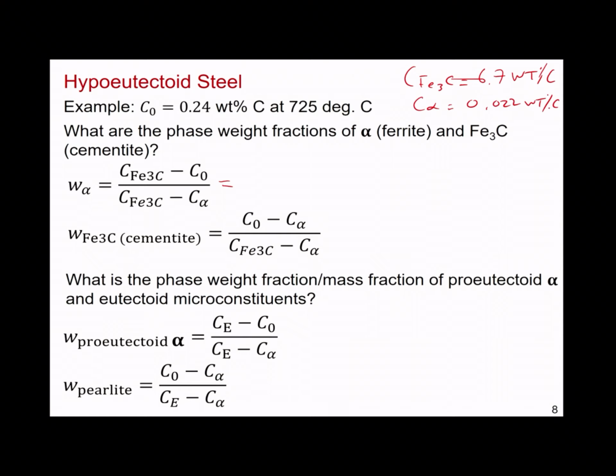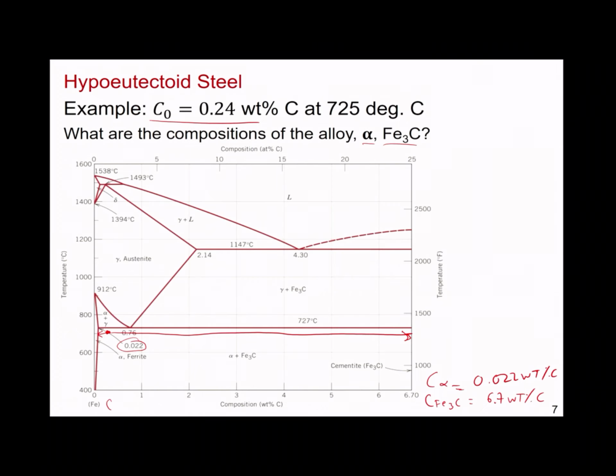So I'm rewriting that so that we have the numbers. So the phase fraction of alpha we anticipate is going to be something ridiculously high, right? Close to 1 or close to 100%. And we can just see that graphically. If you're here, you're really close to the alpha phase, right? So you anticipate you're going to have mostly alpha, just graphically speaking, before you even crunch the numbers.